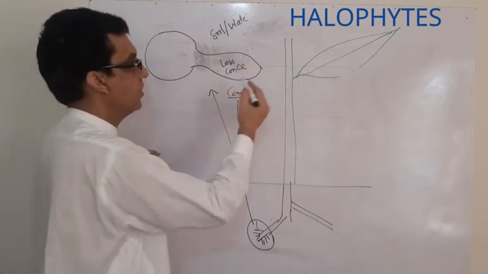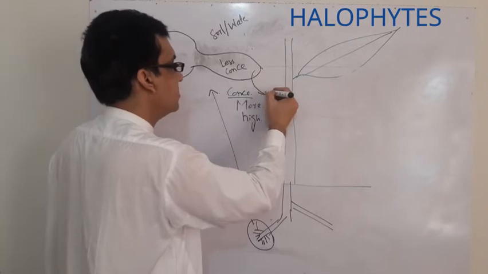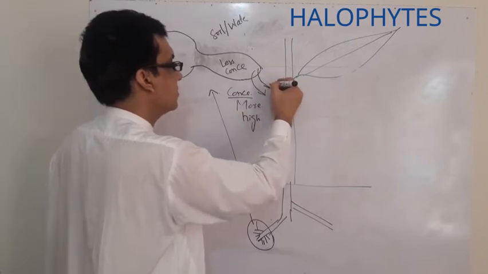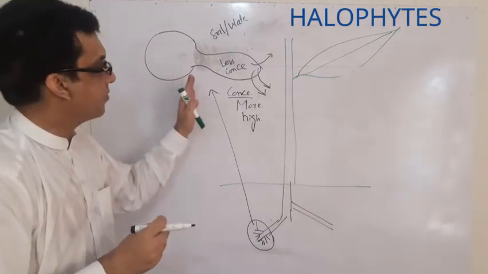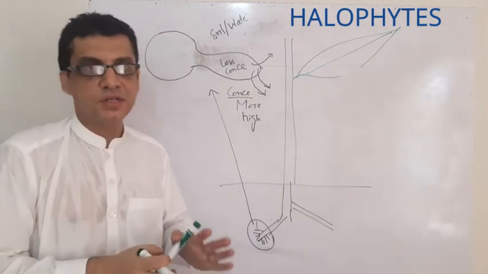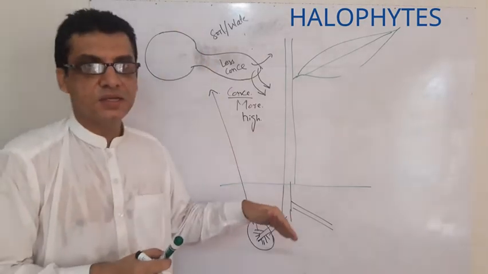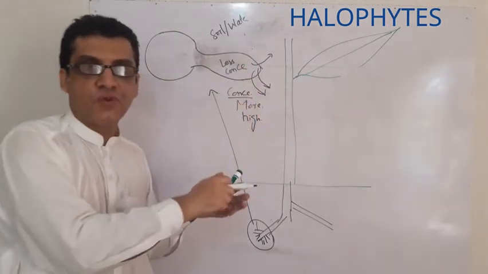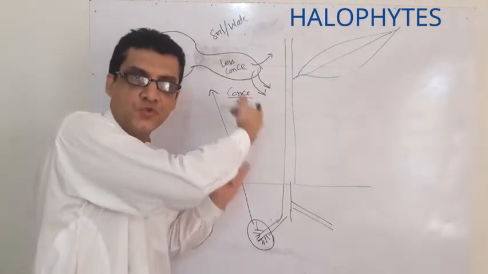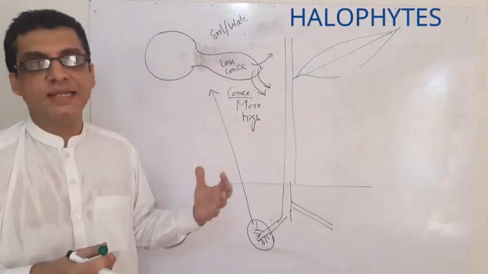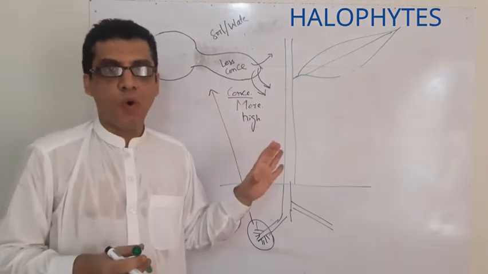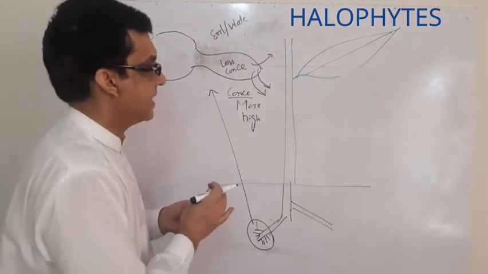So the water will move from inside the plant to outside. So halophytes have the problem of dehydration. The process is reverse. The water will move from the plant roots to the soil, but they have a mechanism to absorb the water. Now come toward that mechanism.